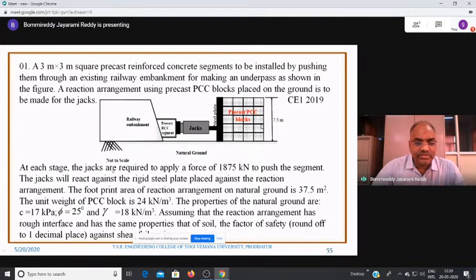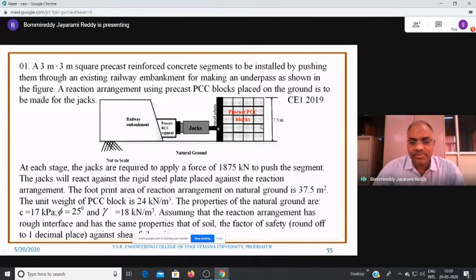At each stage, the jacks are required to apply a force of 1875 kilonewtons. So that means through this jack, the horizontal force will be 1875 kilonewtons to push the segment. So here force applied is 1875. When you apply 1875 here, what is the counter force on the precast blocks?